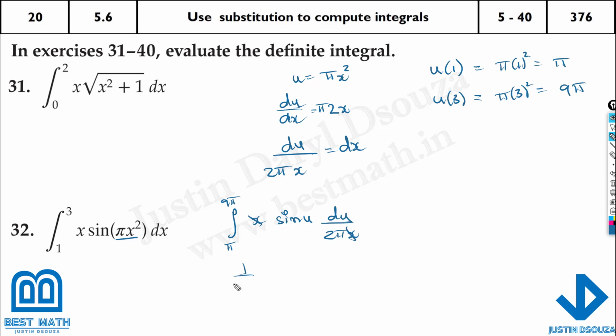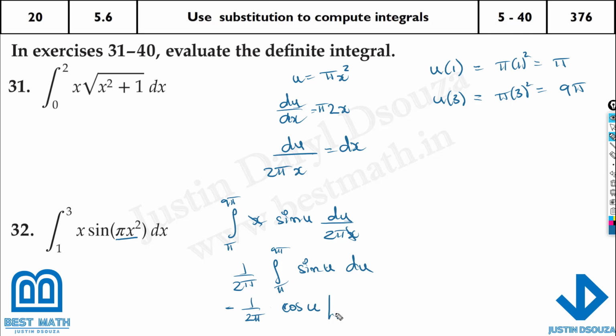I'll take 1 by 2 pi outside, and you're left with the integral from pi to 9 pi of sine u du. We can easily solve this. When you integrate sine, it is minus cosine. So the answer is 1 by 2 pi times minus cosine u.